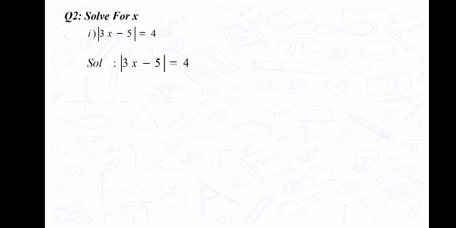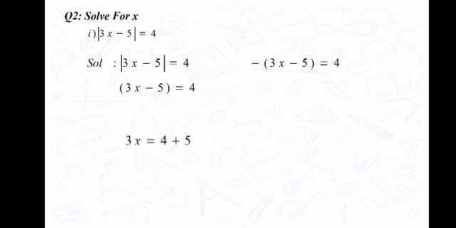Then I told you that whenever you remove the absolute value, you will have two equations. One is positive and one is negative. So here 3x minus 5 is equal to 4, and the second statement will be minus into 3x minus 5 is equal to 4. First of all, solving this equation, 3x minus 5 is equal to 4. 5 is a negative number, so when it moves to the other side, it has a positive sign.